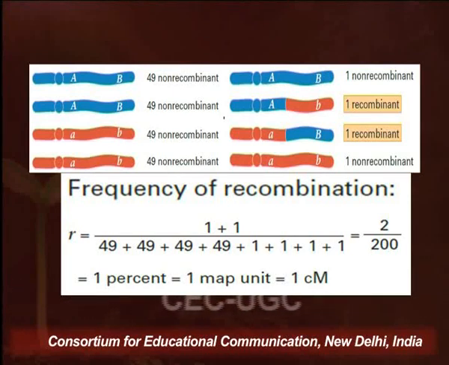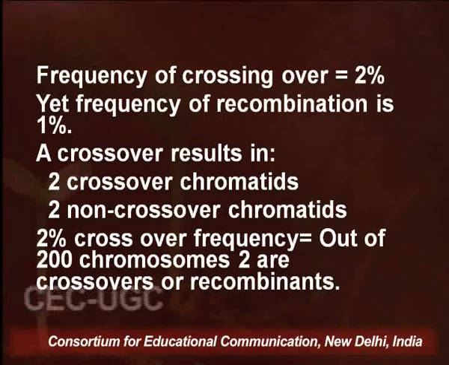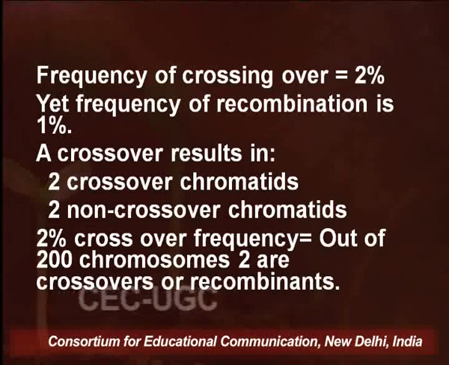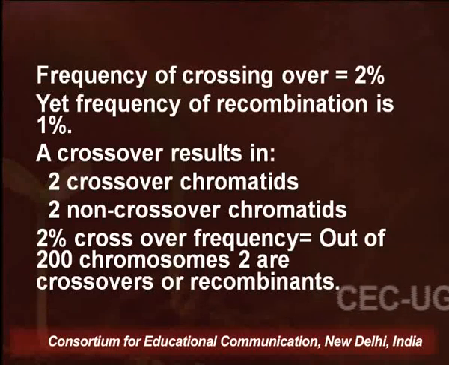Now, 1% by analogy becomes 1 map unit or 1 centimorgan. Please remember, the frequency of crossing over was 2%, yet the frequency of recombination is 1%. Crossing over has taken place, 2 crossover chromatids are there, 2 non-crossover chromatids are there.